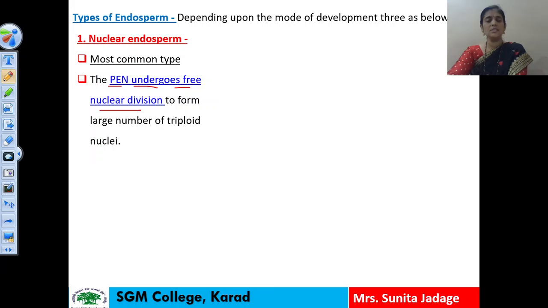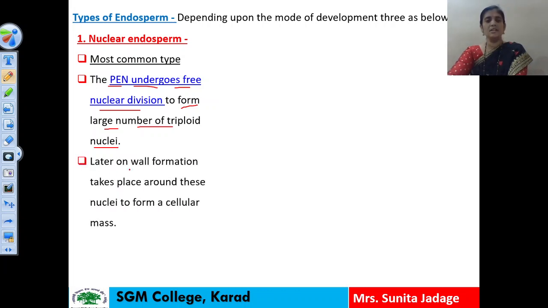That means this primary endosperm nucleus divides mitotically, and only free nuclear division takes place at first, and there is formation of a large number of triploid nuclei inside this ovule. Firstly the free nuclei are formed after the mitotic division, and afterwards cell wall formation takes place between these nuclei to form a cellular mass.